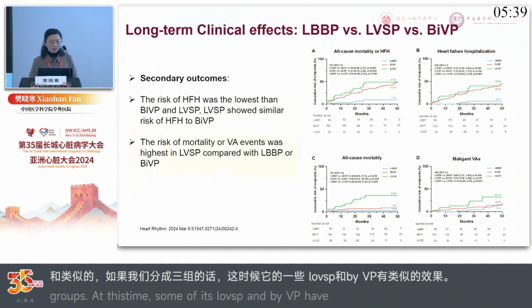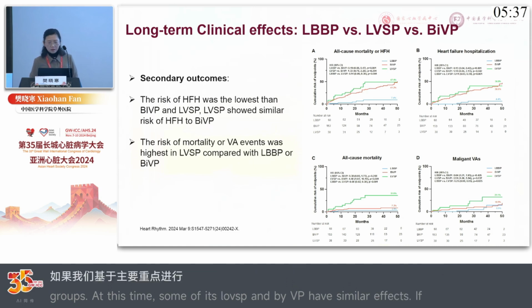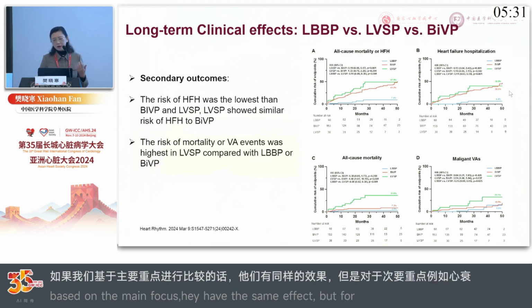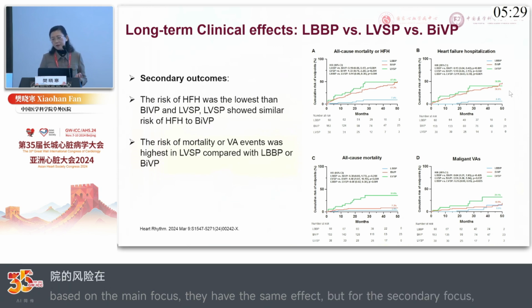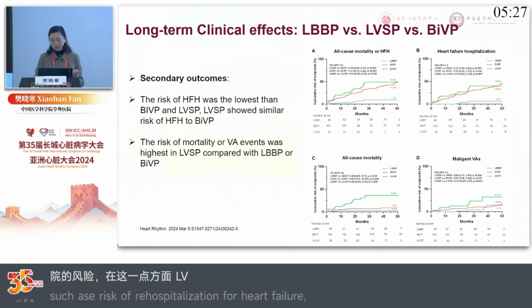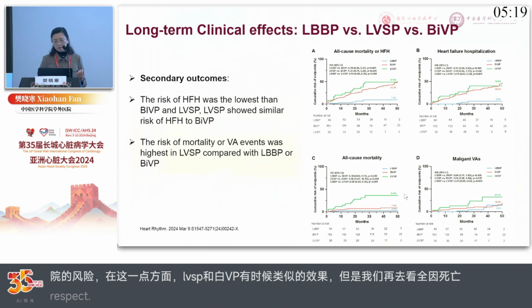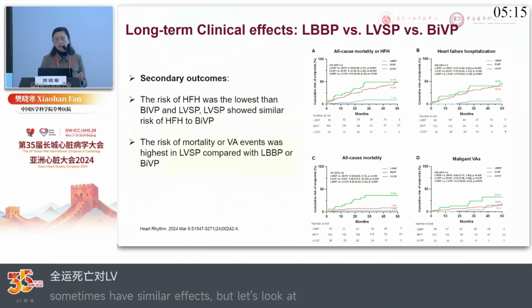When we see the secondary outcome, the risk of heart failure rehospitalization, it seems the LVSP had the similar effect to BIVP. But when we see the all-cause mortality, the all-cause mortality is highest in patients with LVSP when they compared with BIVP and LBBP.